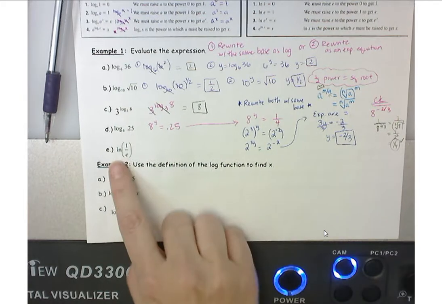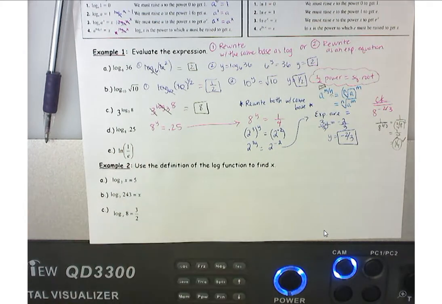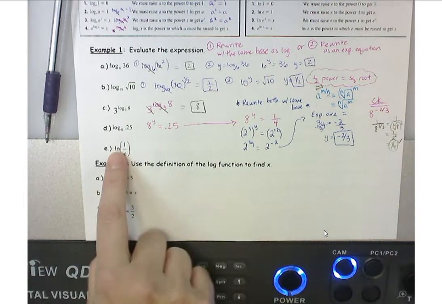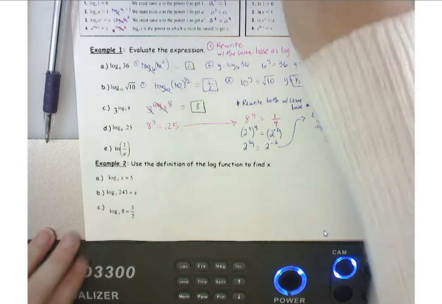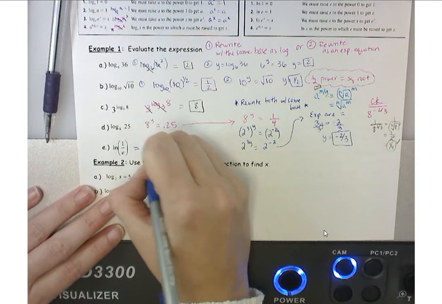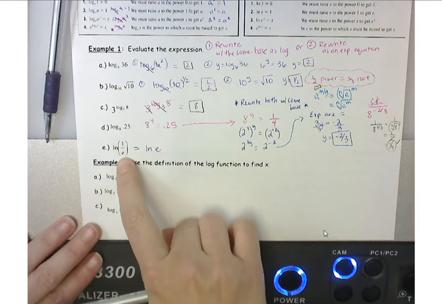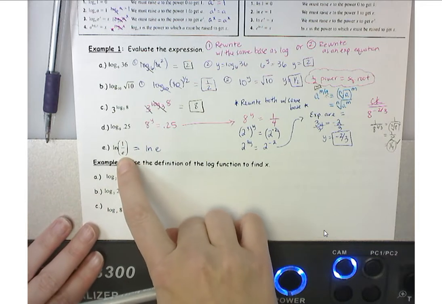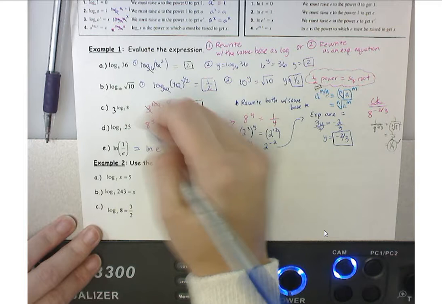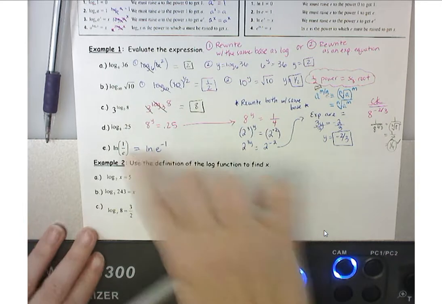All right, now here I have natural log of 1 over e. So let's rewrite it with the same base. What's the base of the natural log? E. So I want to think of this as the natural log e. If it's 1 over e, what's the power? Negative 1. Right? E to the negative 1 is 1 over e.